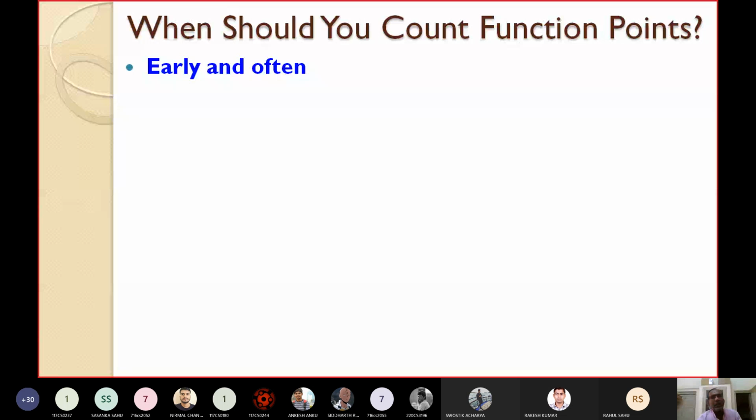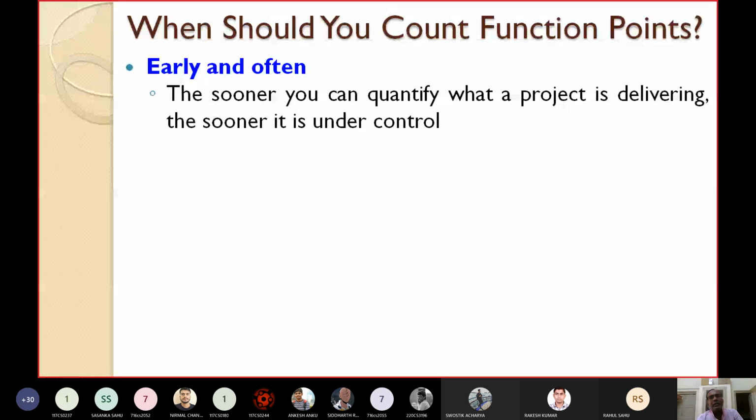You can quantify what the requirement specification is delivering. It gives you more control. The sooner you can quantify what a project is delivering, the sooner you can estimate the project size or effort, and the better control you have.